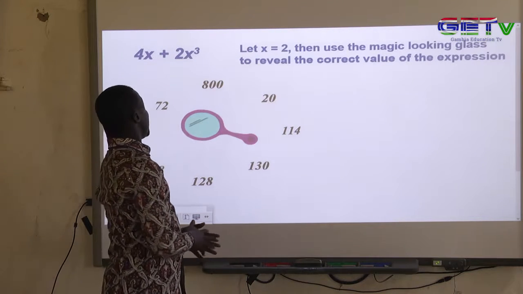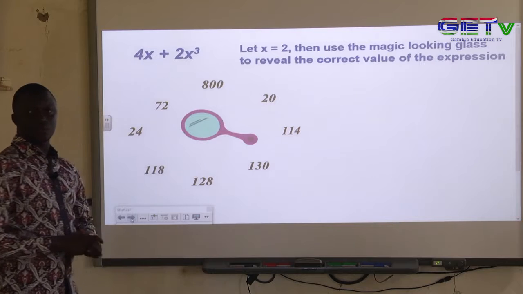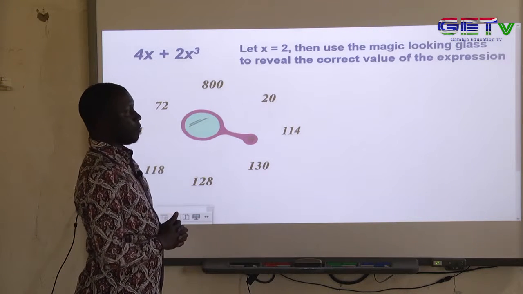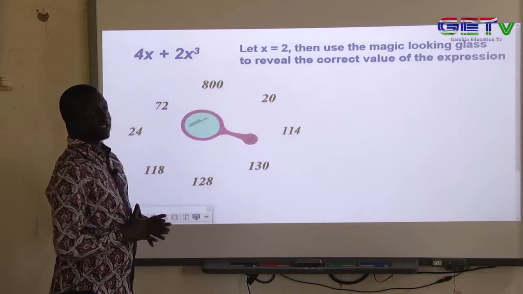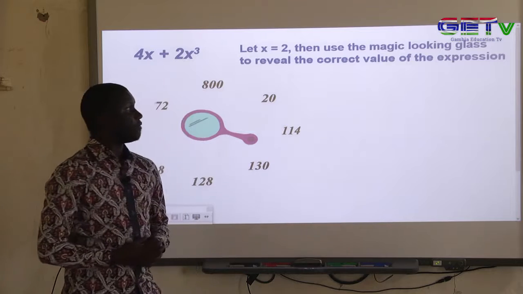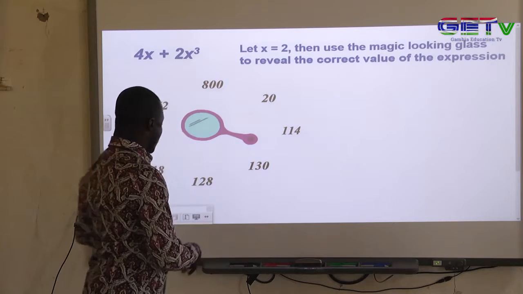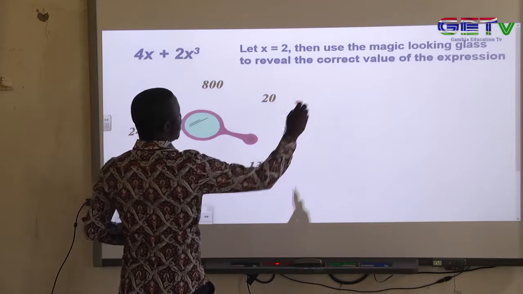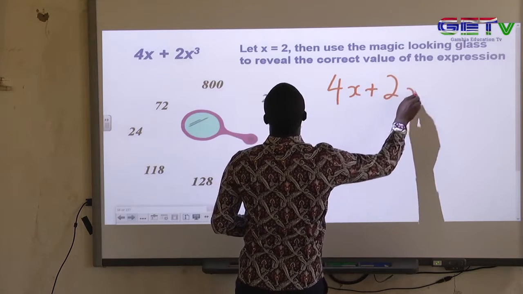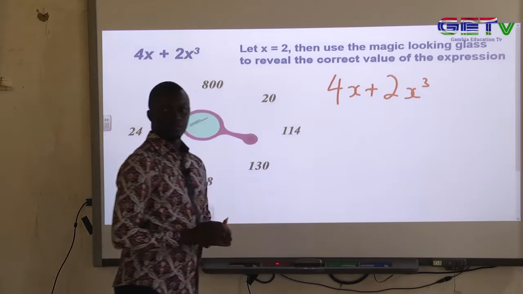Here comes another expression, 4x plus 2x to the power 3. Let x equals 2, then use the magic looking glass again to reveal the correct value of the expression. Just as we did before, let us solve our expression. 4x plus 2x to the power 3.